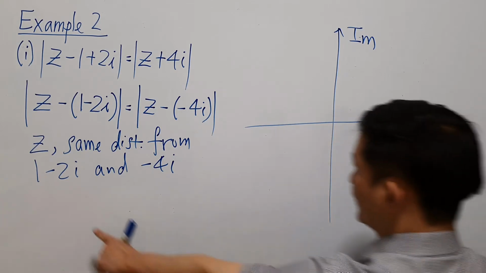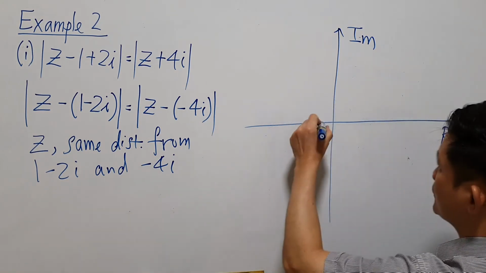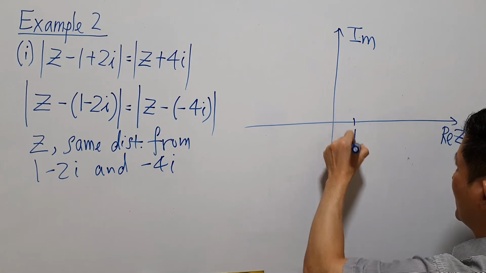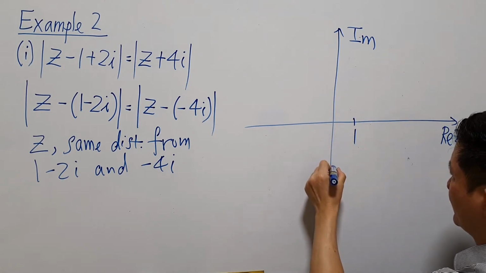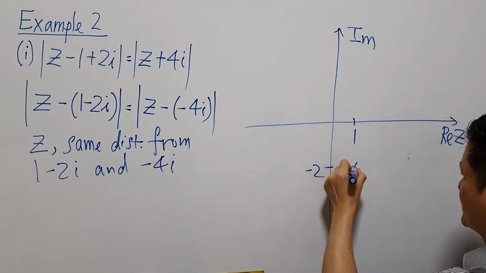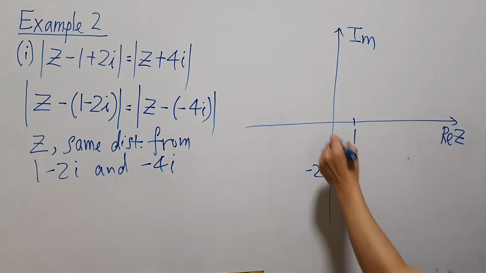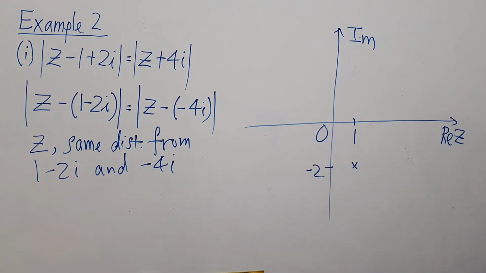So the first point is 1 minus 2i. So this is the first point, 1 minus 2i. And then the second point is minus 4i, which is somewhere here.